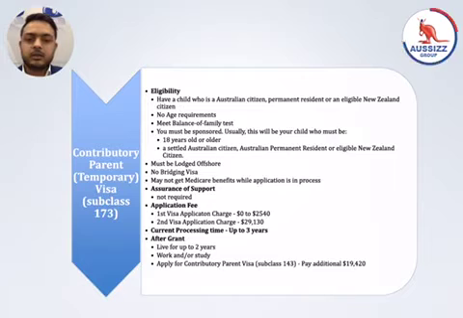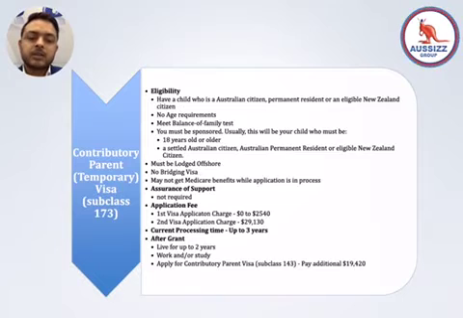There are no specific age requirements for this visa. Now the sponsor who is sponsoring the applicant must be at least 18 years old, which is usually the child of the parents, and who is a settled Australian citizen or permanent resident. Again, we have already discussed what a settled Australian citizen is. A settled Australian citizen is someone who has been living in Australia for 2 years or so.